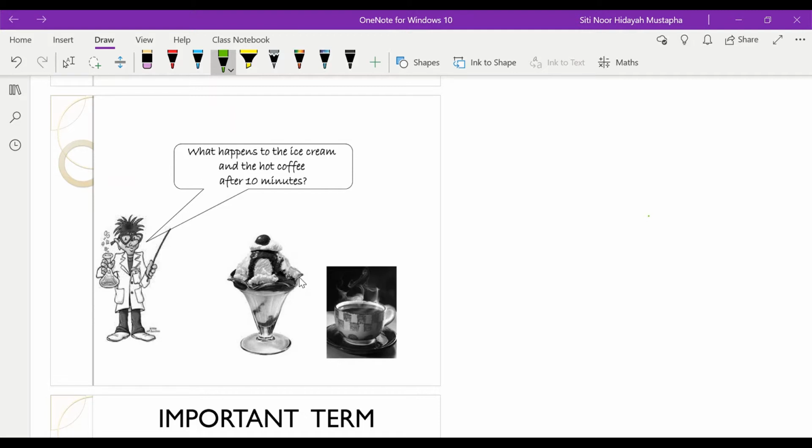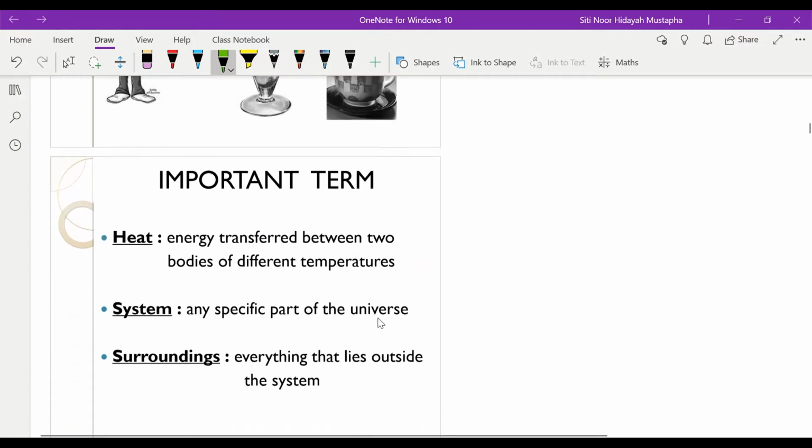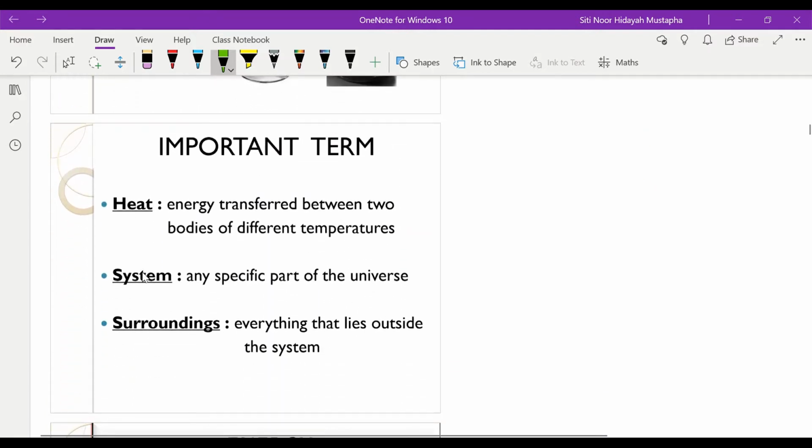When you want to analyze and understand the whole system, you have to understand the terms. These are the important terms in thermochemistry. The first one is heat. Heat is energy transferred between two bodies of different temperatures.